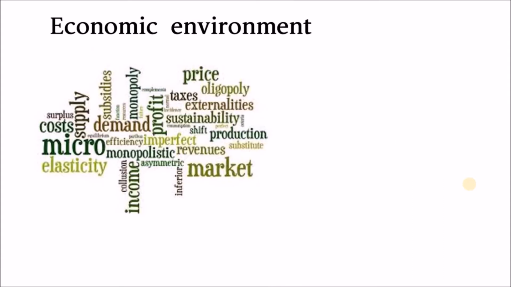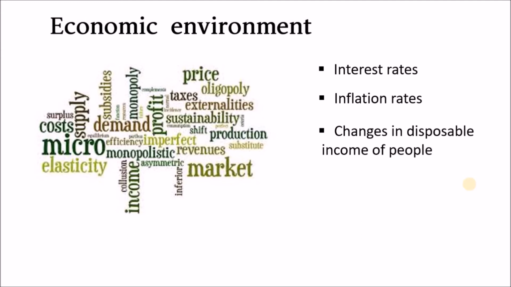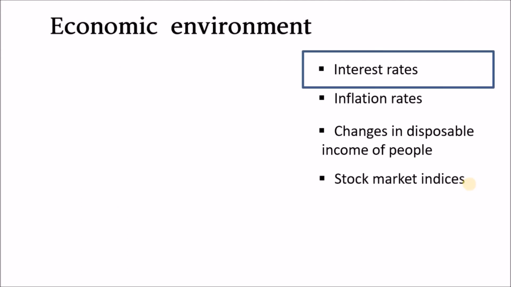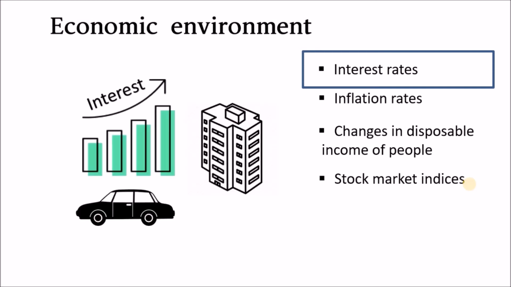Next is economic environment. Economic environment includes interest rate, inflation rates, change in disposable income of people, stock market indices. We'll first talk of interest rate. If the interest rate of taking loan increases, it will definitely have an effect on businesses such as automobile and construction business.